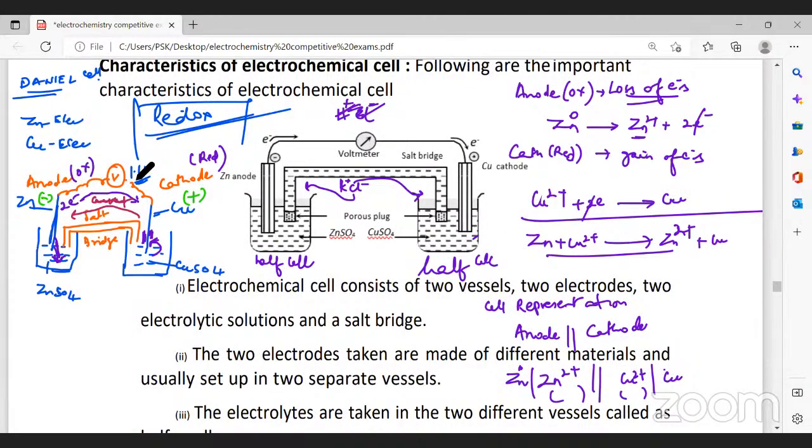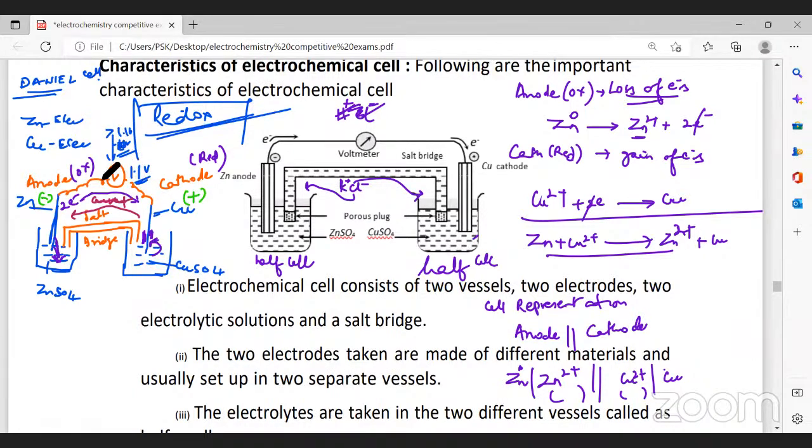Now, what happens? The potential developed is 1.1 volt. If an external potential of 1.1 volt is applied in the opposite direction, what happens? The cell reaction will stop. Those kinds of reactions are called reversible reactions.